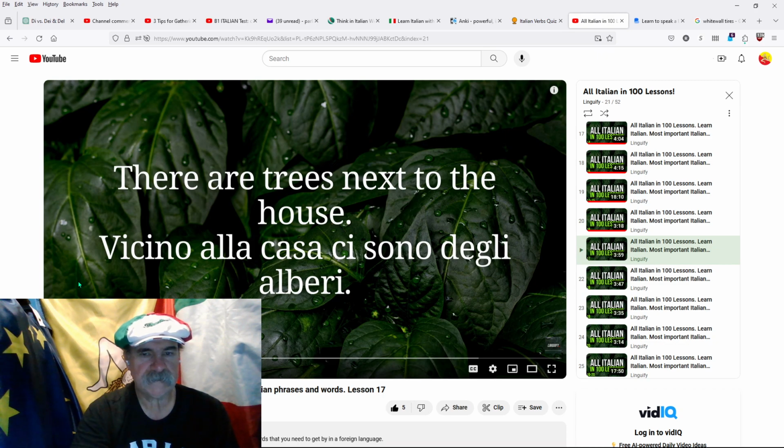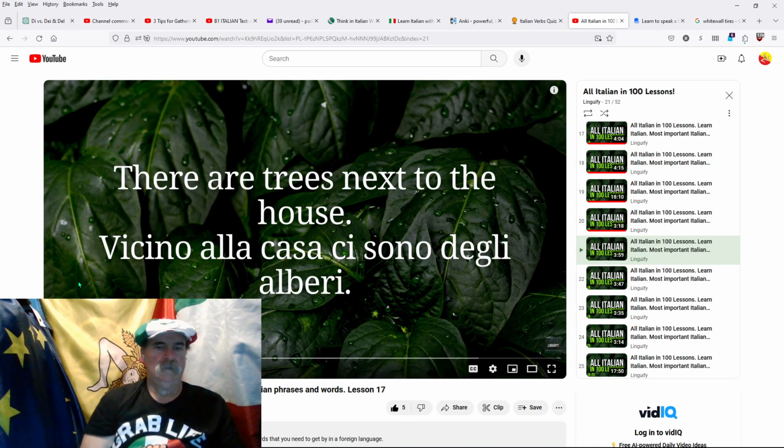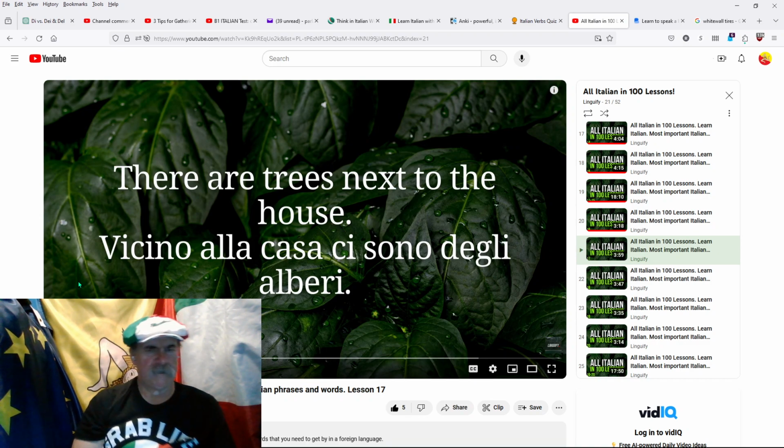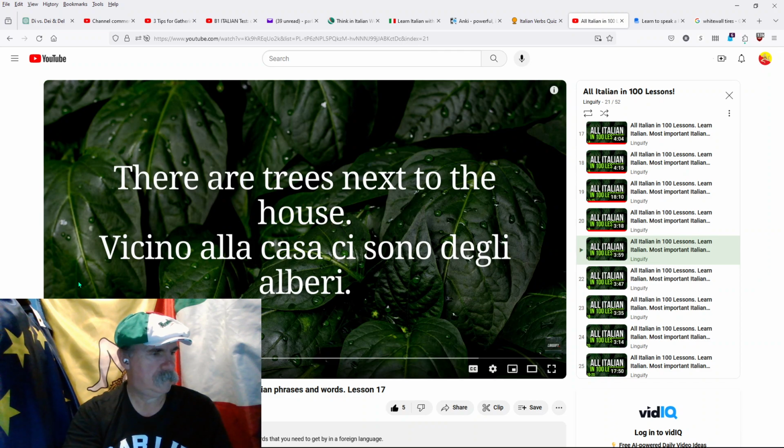Vicino alla strada ci sono degli alberi. Alberi. Alberi is also a forest, right? Or is it just trees? Non c'è la strada is also. So you can say them both, right? Yeah.